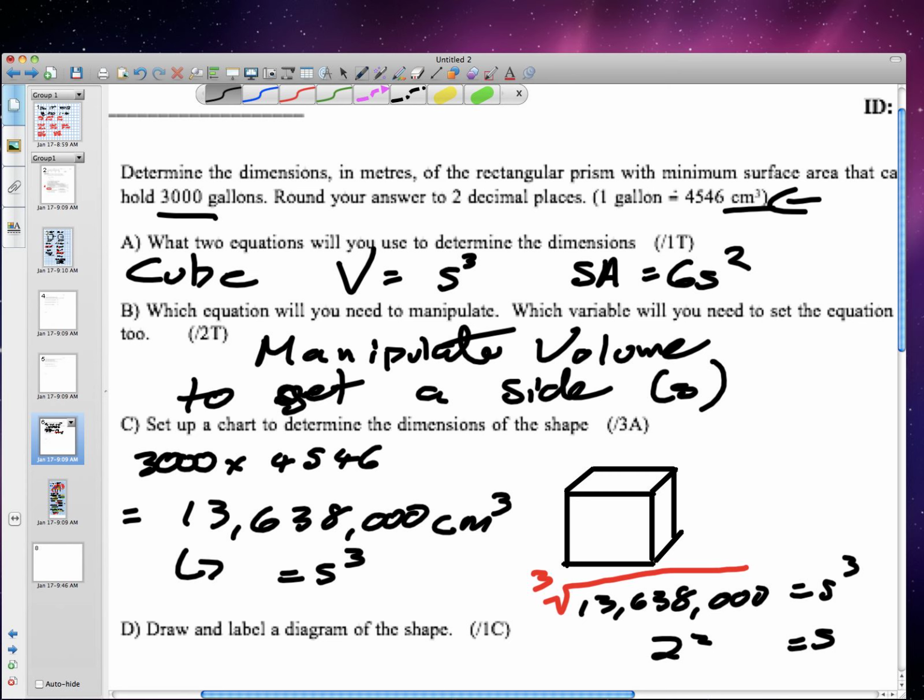So the measurements of the cube are 238.9 meters. Sorry, centimeters, each of them. Well, actually, this is not that hard to put into meters at the end. Draw and label the diagram. Do they ask us for the actual surface area? Oh, so this is essentially what they wanted us to do.